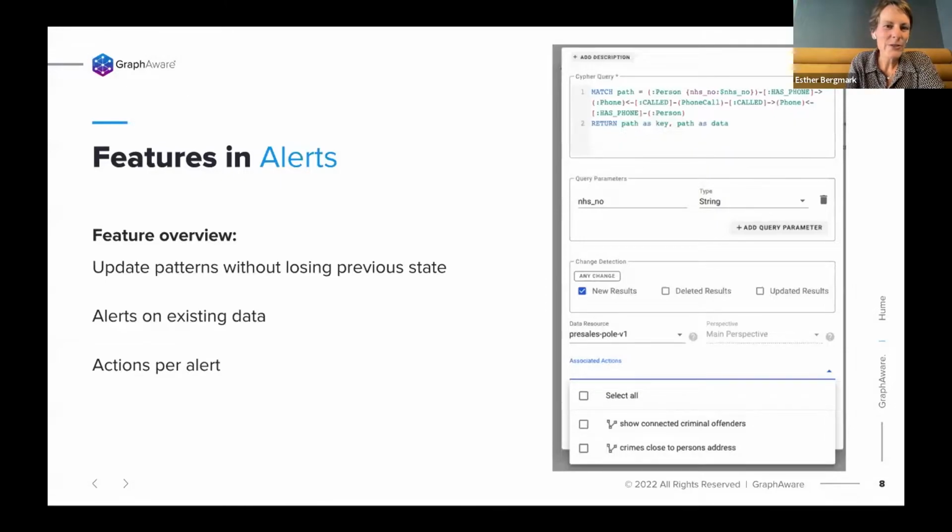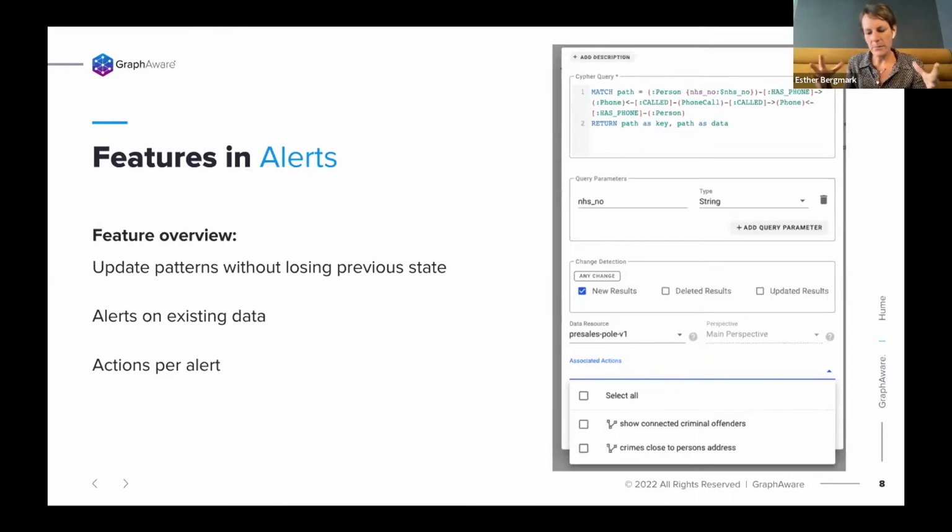We launched alerts a little bit more than a year ago. It was launched as a way of keeping up to date on data changes. So you created a pattern that would scan incoming data for changes and everything that comes in new. What we added with this release is that you can also run the pattern against existing data.